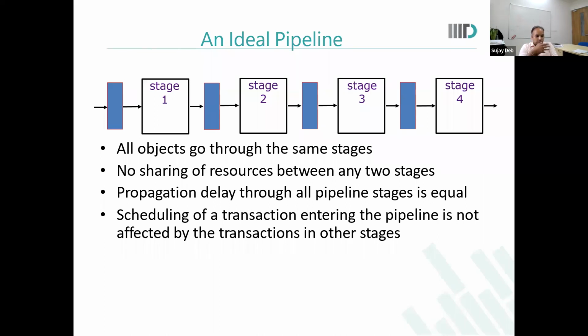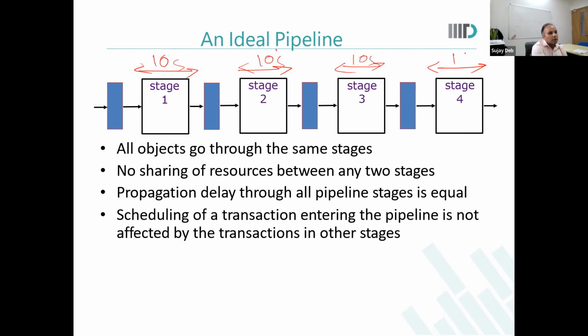Also, the assumption here is that the propagation delay through all the pipeline stages is equal. So basically, it takes the same amount of time to get the work done in the first stage, second stage, third stage and fourth stage. Let's say each of these stages takes 10 seconds to execute the work.